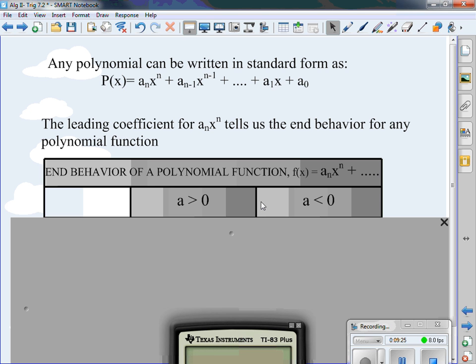Zero is not included. What happens if a is 0? What's 0 times anything? So what's really happening to it? It goes away. That's why it can't be equal to 0. It has to be a positive number or it has to be a negative number.